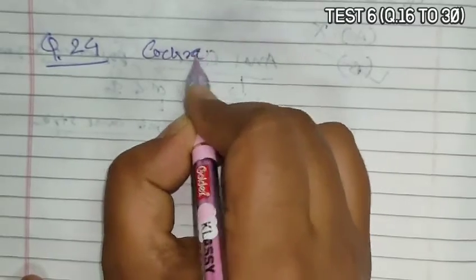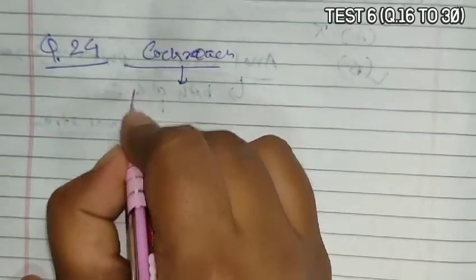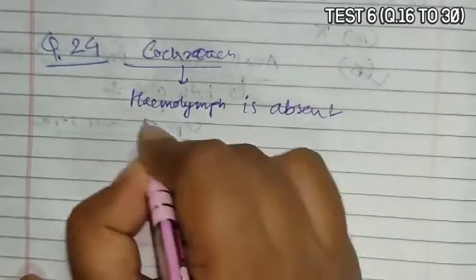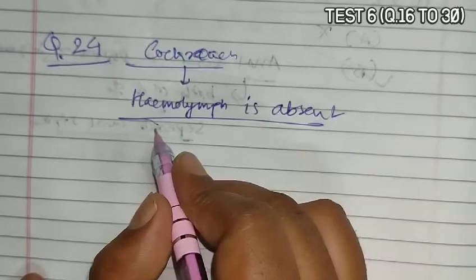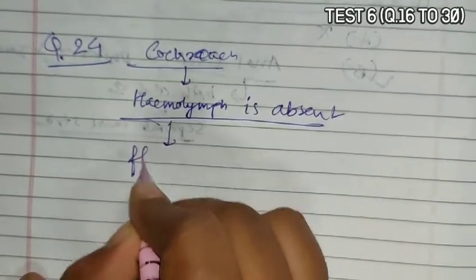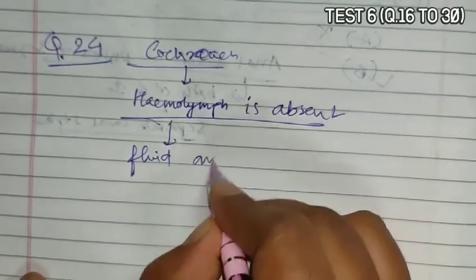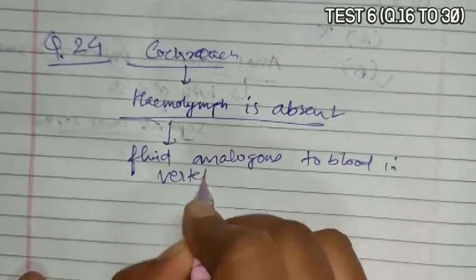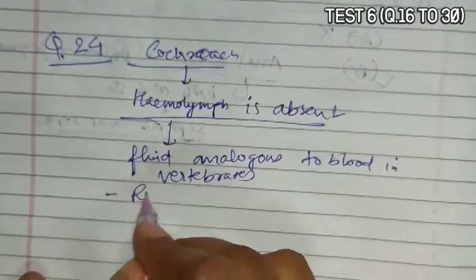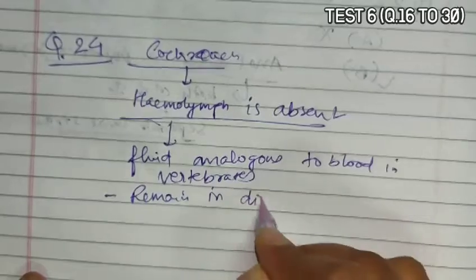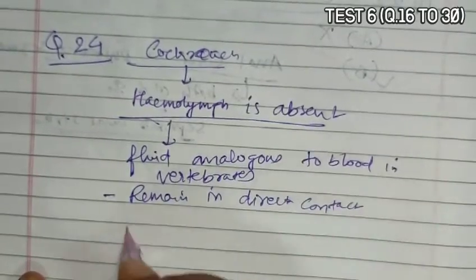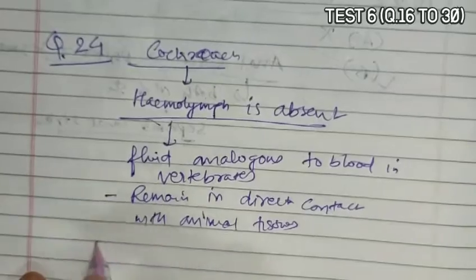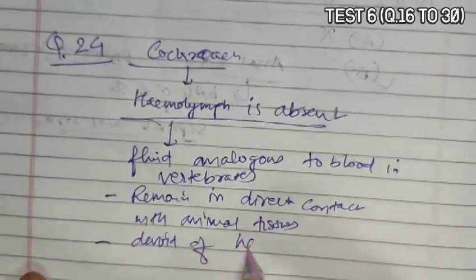In cockroach, hemolymph is the fluid analogous to blood in vertebrates, and it remains in direct contact with animal tissue.